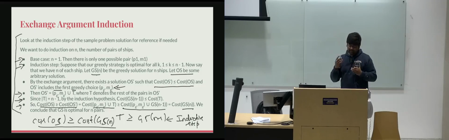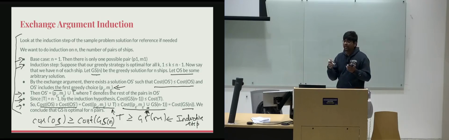The only thing that will change is the definition of OS prime, and then if OS prime changes, then this step will change, and similarly this step will change. Here you are doing a union, but it might happen that in some greedy solution you are removing something. Based on that, you just change your OS prime, and more or less this overall procedure remains the same.